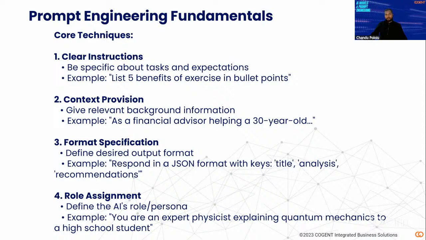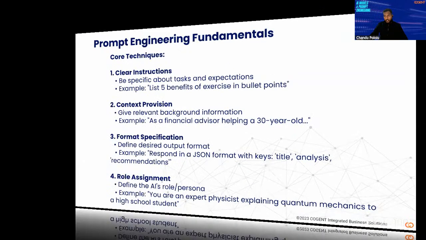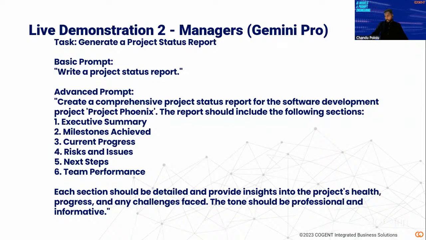Next, another demonstration. This one is for manager levels: if managers want to use ChatGPT or any AI model, how can they use it? The first basic prompt is: write a project status report.